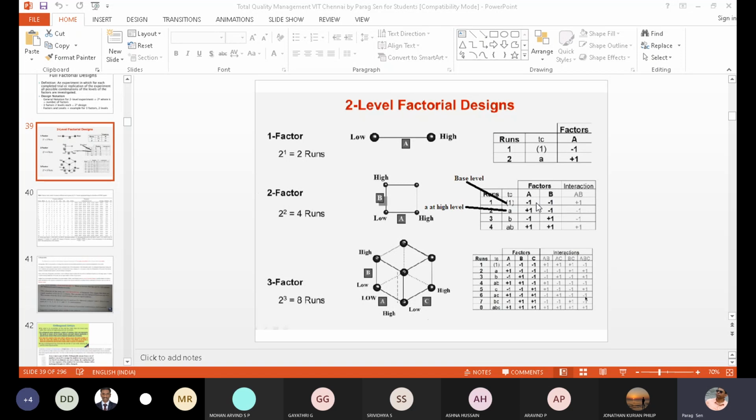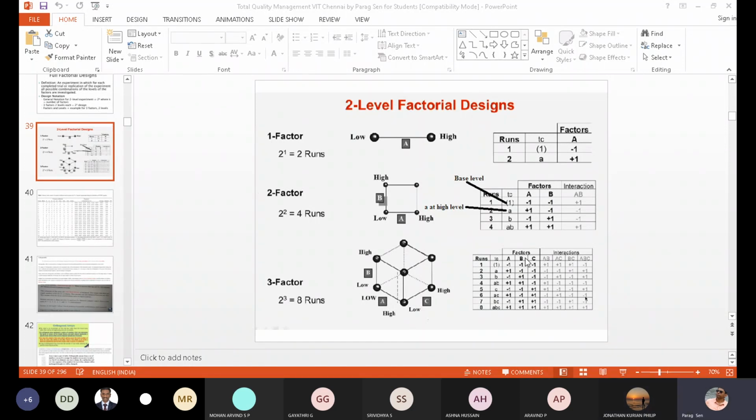This is treated as the base level, and based on the base level, we can change one particular factor. You can see here that it was minus and minus, then it has become plus, the high level. So in this way, you can change. Or suppose for this matrix, you can see that all are -1, that means low level.